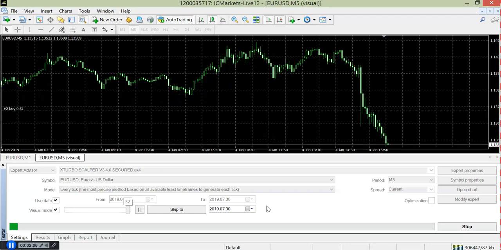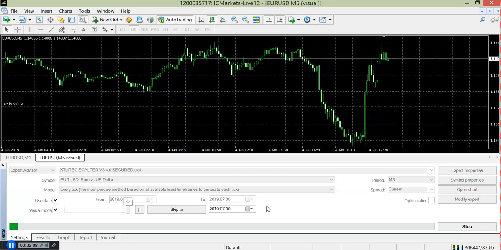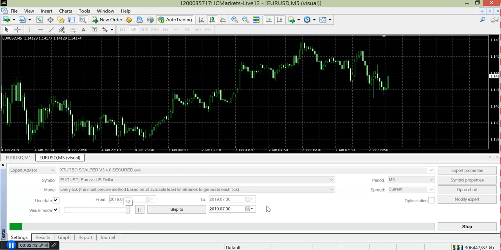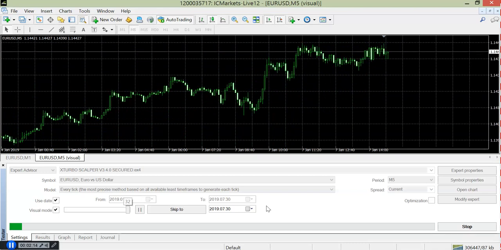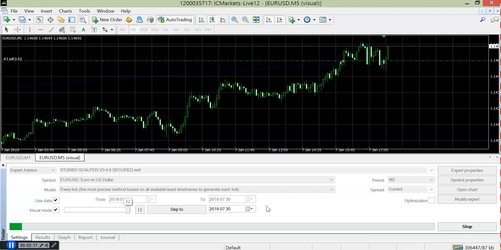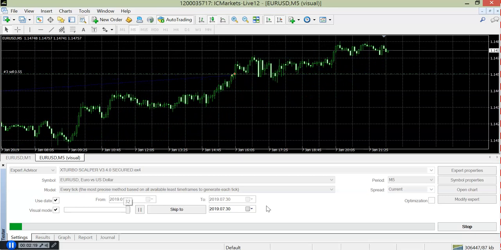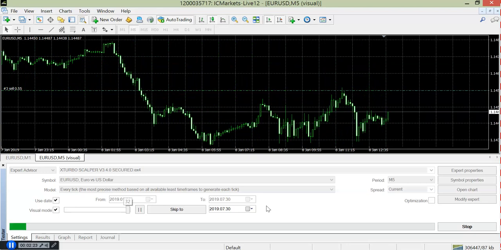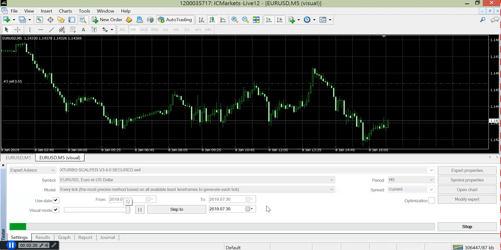Of course, there's no many trades. I put the settings with higher take profit and stop loss 85. So there will be maybe a few trades per month, but we do not need a large number of trades.